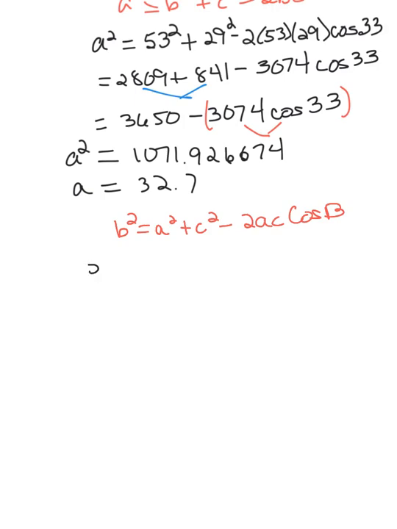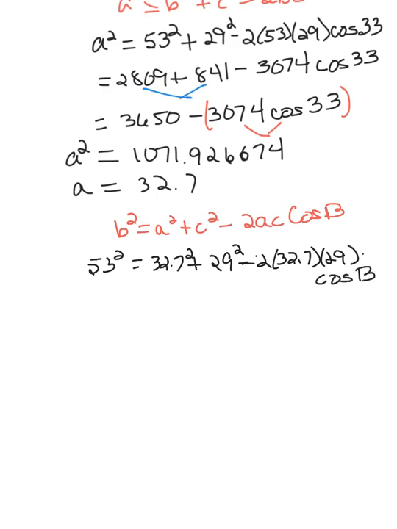B is 53 squared equals, we just found A to be 32.7 squared, plus C is 29 squared minus 2 times 32.7 times 29 times the cosine of B.